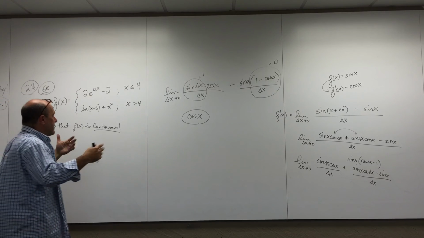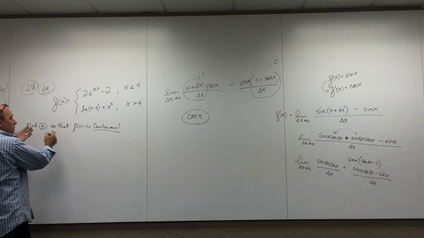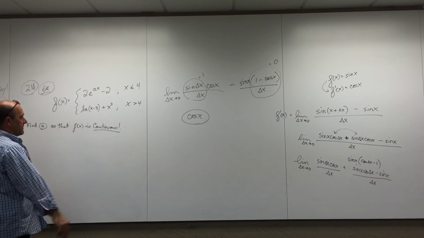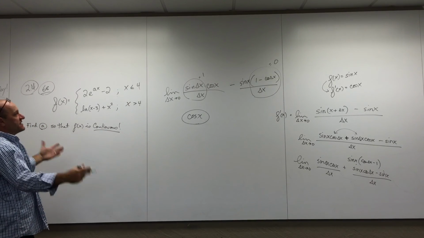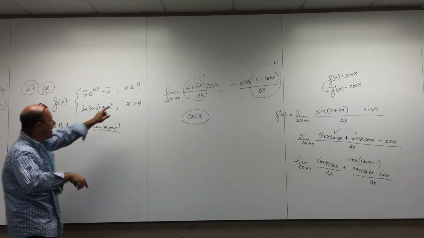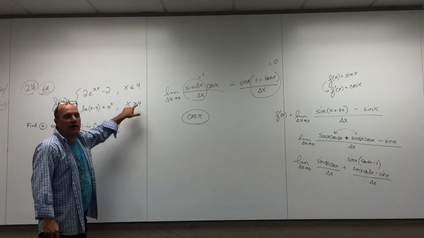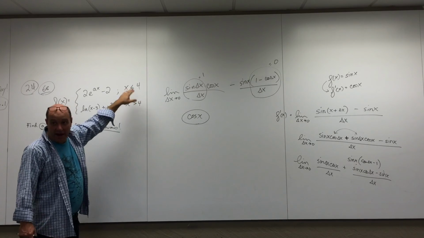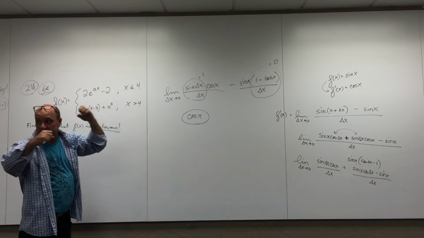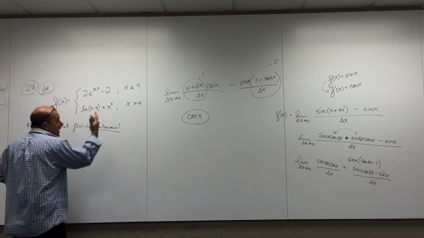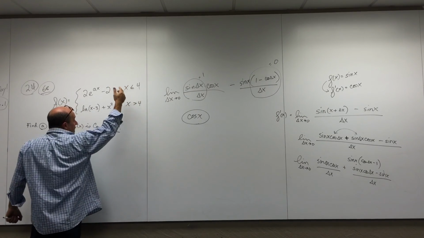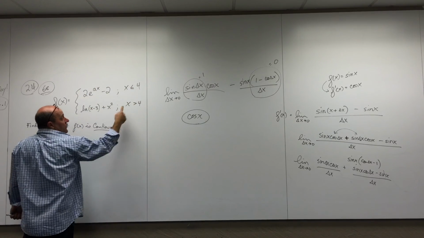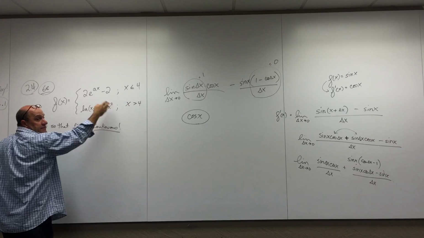By the way, they want this to be continuous. At which x am I worried? At 4. Exactly. On these piecewise functions, this is where it breaks. What I want is the limit as you approach 4 from the left to equal the limit as you approach 4 from the right.